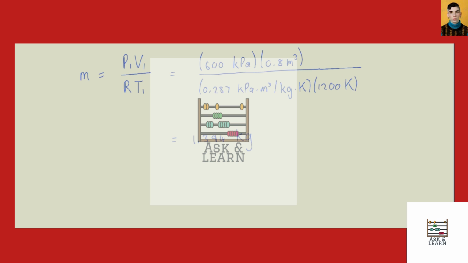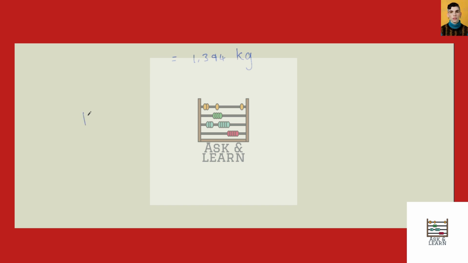Now we also need to calculate the boundary work during process 1-2. Now this is an isothermal process, so this boundary work W_B outwards in process 1-2 for an isothermal process is m R T1 times the natural log of the volume of state 2 over the volume of state 1.